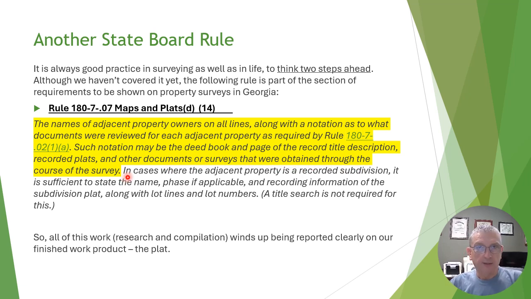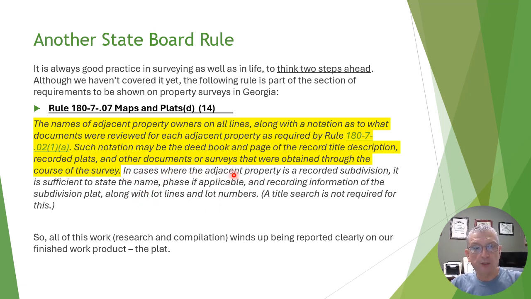So if you got an unrecorded plat from an adjacent owner or the tax assessor's office or a private repository or from in-house records from your company, these are things that if you use them in making your analysis, then you should list them so that yourself and others later on can know what you used to make your decision.